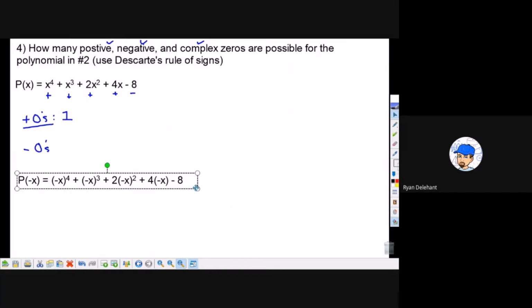So this is what we're doing. We're using this substitution in. We're changing all those x's to negatives. And we still want to figure out the overall sign of this thing. I don't care about the actual number. I just want to know whether it's going to be positive or negative each term.